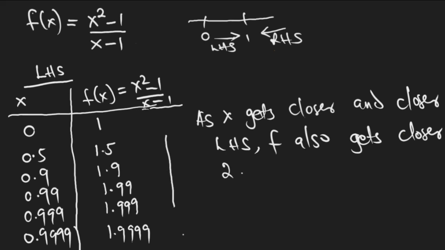So we can see as we are moving down this way, as x is getting closer and closer to 1, gradually we are also getting closer and closer to 2.